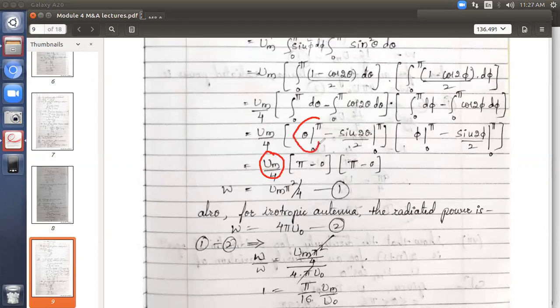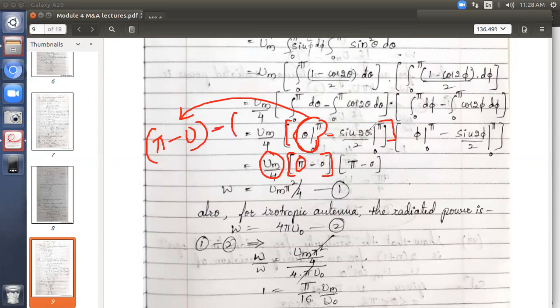Apply the limit. It will be pi minus 0, which is pi, minus it is not only this much. This complete bracket indicates this bracket. Let's see how it is. If you just take this, it is something like this: pi minus 0 minus, what is sine of pi?